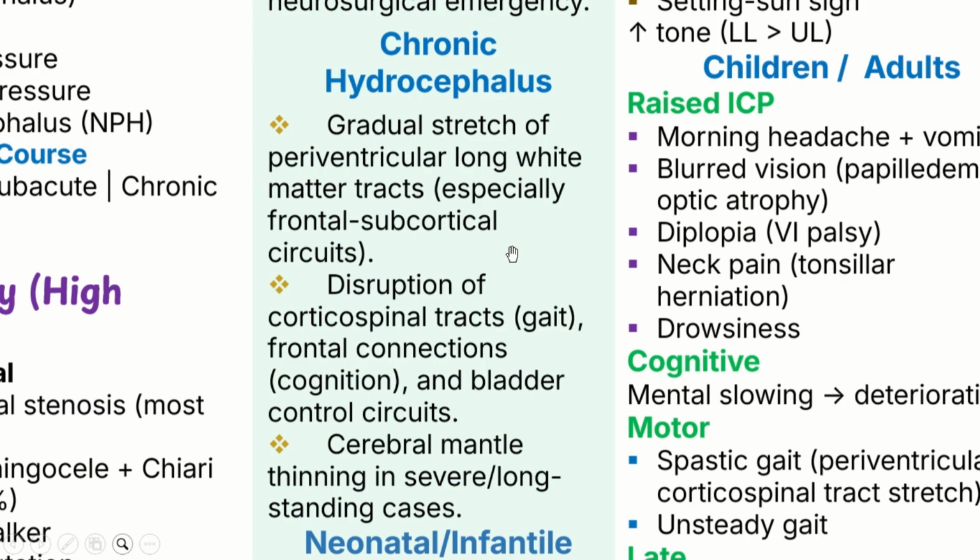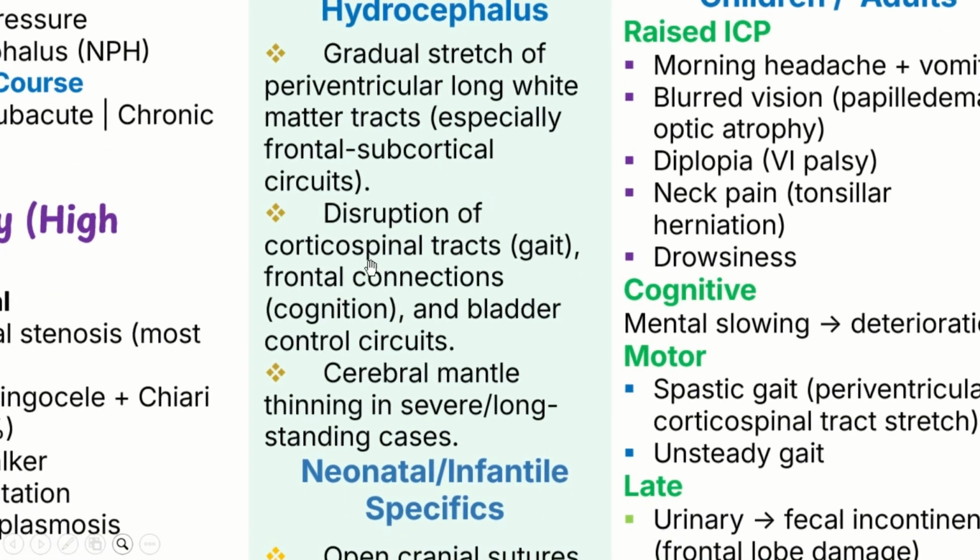Okay, they're coming from the cerebrum, and the disruption of these corticospinal tracts is going to cause issues with gait. Remember, the corticospinal is the tract that also brings motor information. So we're going to have issues with the gait, frontal connection, and cognition. And then we can have the bladder control circuits also disrupted within there.